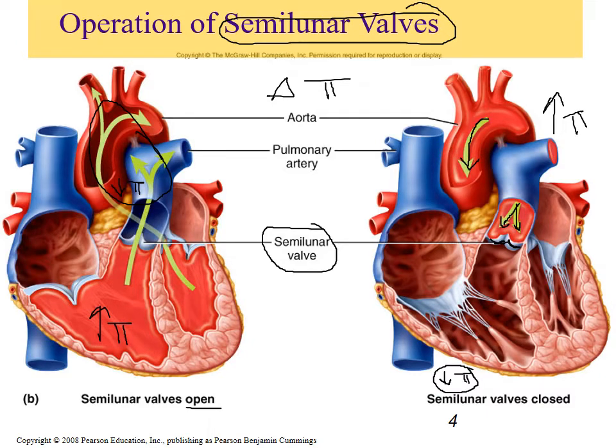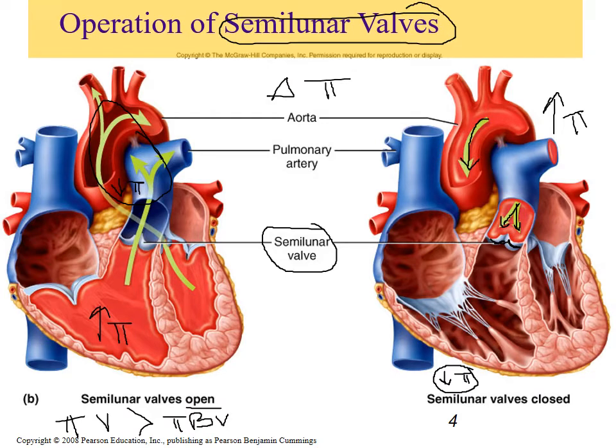So guys, it's all about pressure differences. You want to remind yourself that you always want to go from a high pressure point to a low pressure point. And the goal is to go from atrium to ventricle to outside the heart. So we never want to go backwards. So if you want your semilunar valves to open up, that means that the pressure inside the ventricle needs to be higher than the pressure in the blood vessels, whether it's the pulmonary arteries or the aorta.